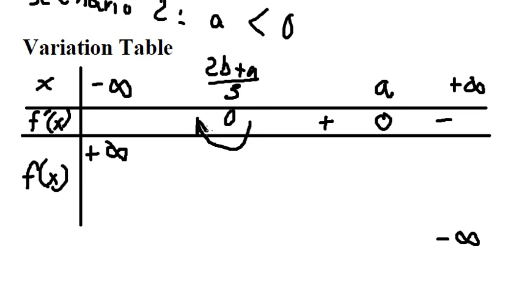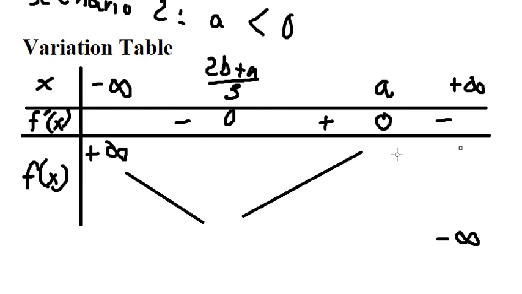This one goes here, that is negative. So this location should be the maximum. Now we look carefully. a should be greater than (2b plus a) over number 3.